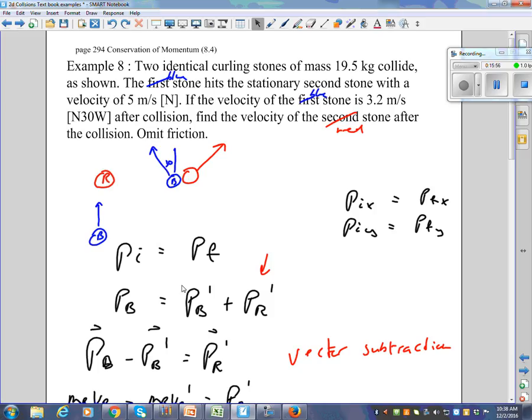Okay, so start with Pi equals Pf, that's the good framework structure. And you probably got mad at me because I moved this over. So the X components have to add up to the final X components and the Y components have to add up to the final Y components. And then I decided to do it by vector subtraction.